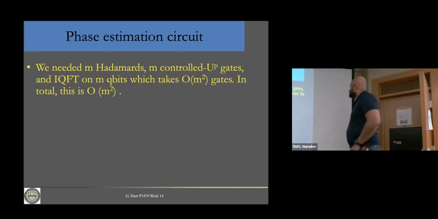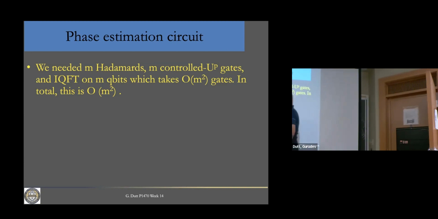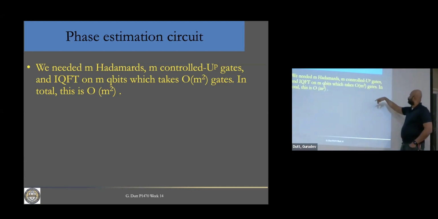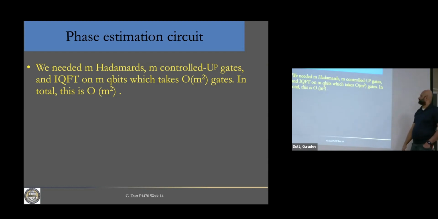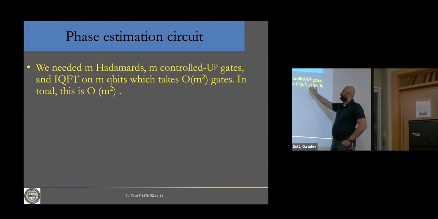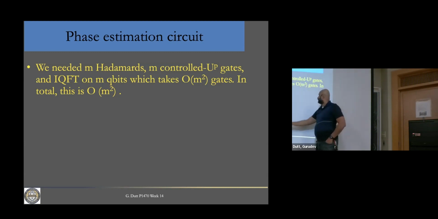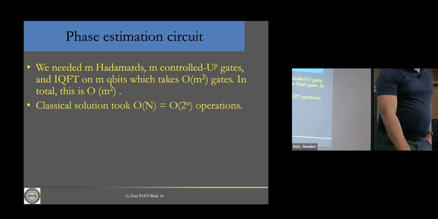So the total complexity of my circuit is m Hadamards, m controlled U^p gates, and one inverse quantum Fourier transform. We already saw that the quantum Fourier transform is order m squared, where m is the number of qubits. So in total, m squared will dominate for large m, and therefore we get order m squared for the phase estimation circuit complexity.